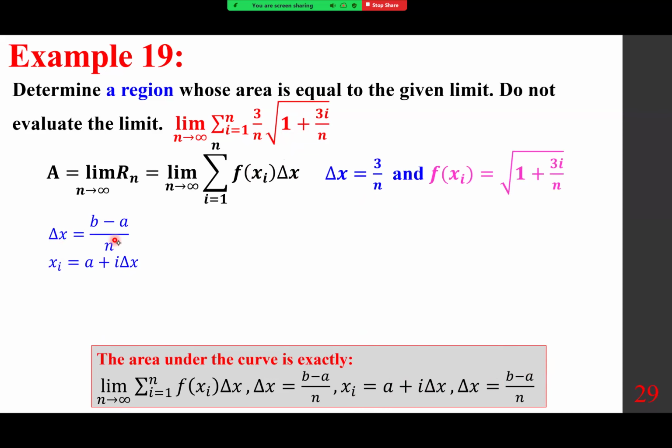So we're going to write these two expressions. Delta x is b minus a over n. That means 3 over n. And x sub i is a plus i delta x. Here's x sub i, everybody.